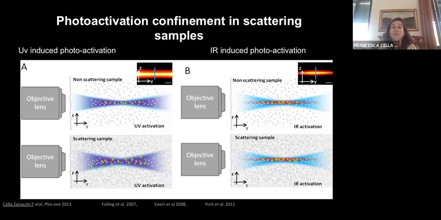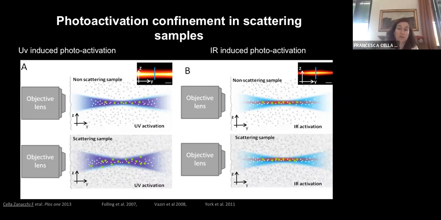But if we are moving to scattering samples, going into tissues or thick samples, going deeper will produce a larger region of molecules that has been illuminated, excited. So this means we are not confining properly our photoactivation, for example.